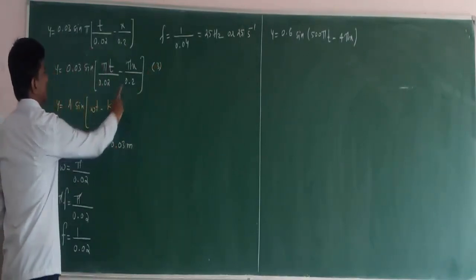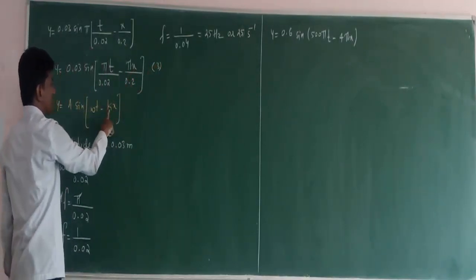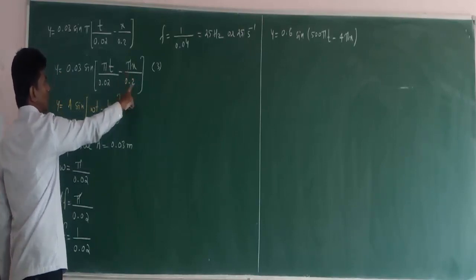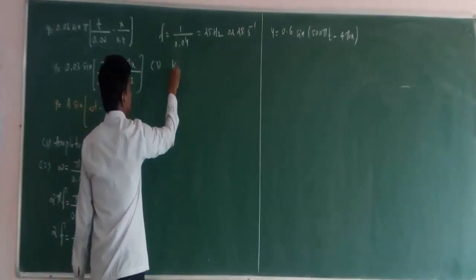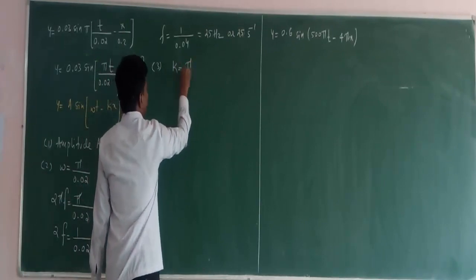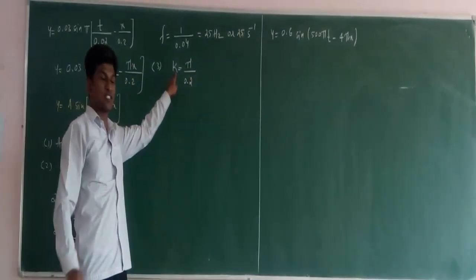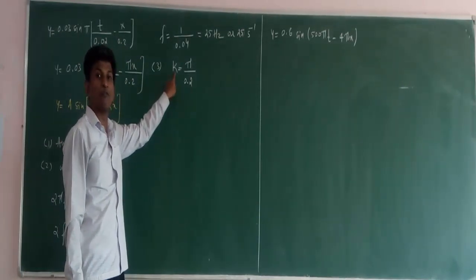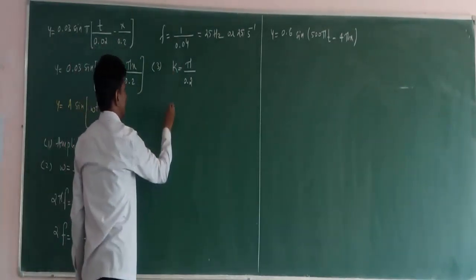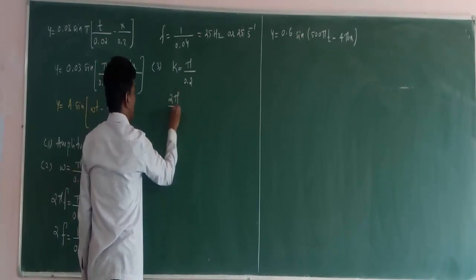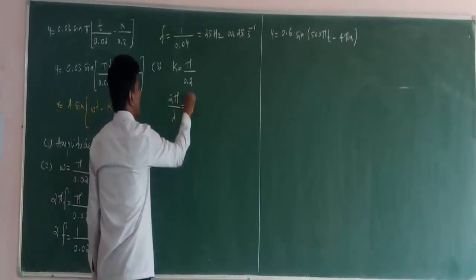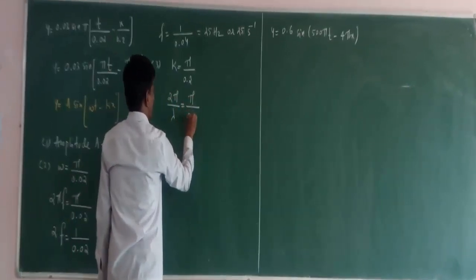So here is the x, here is also x. In place of k, we have pi divided by 0.2, where k is nothing but your propagation constant or angular wave number. So k is written as 2 pi by lambda, equals pi divided by 0.2.